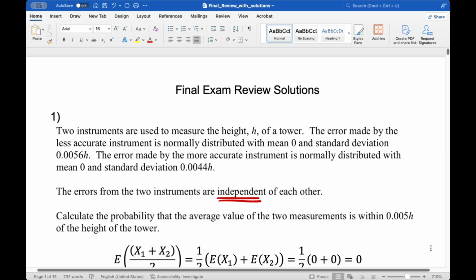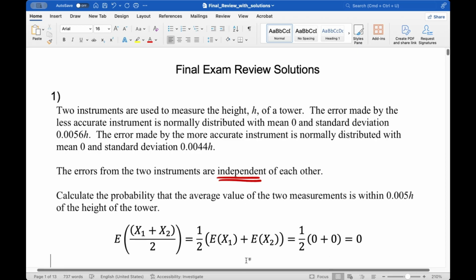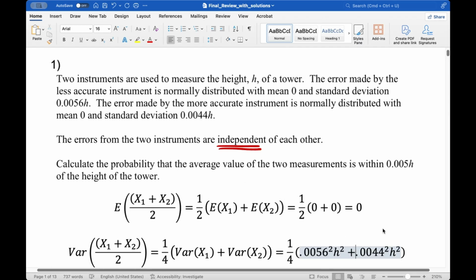The expected value of the average, x1 plus x2 over 2: we can factor out the 1/2 and apply the expected value individually to each. Since each expected value is 0, 0 plus 0 times 1/2 is 0. So the expected value of the average is still 0.